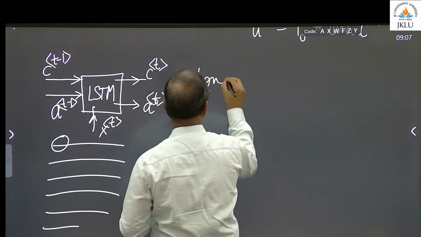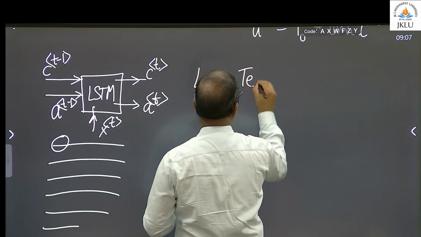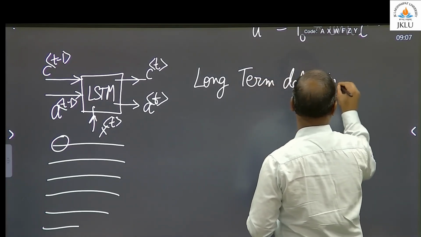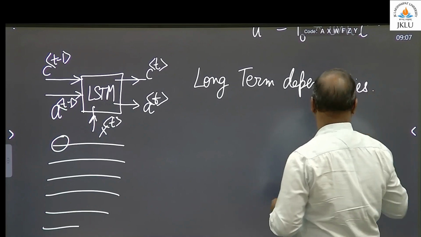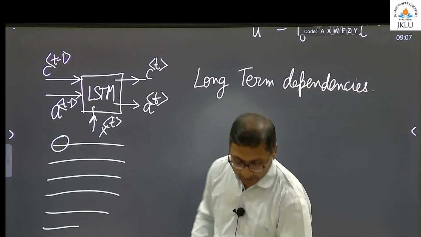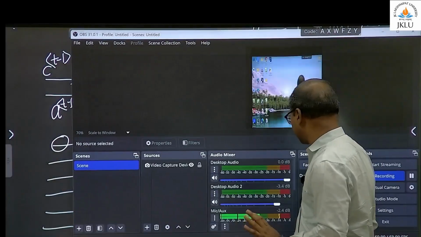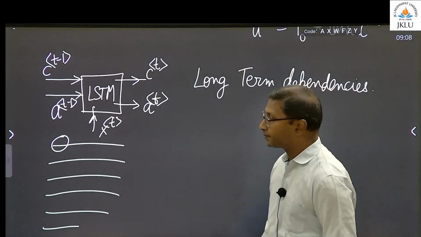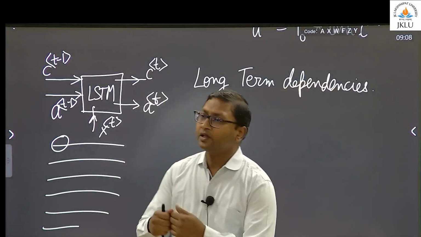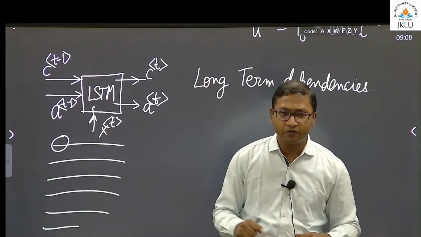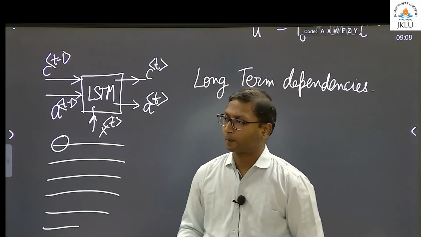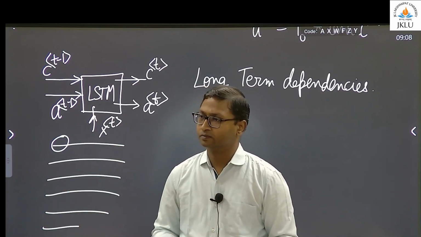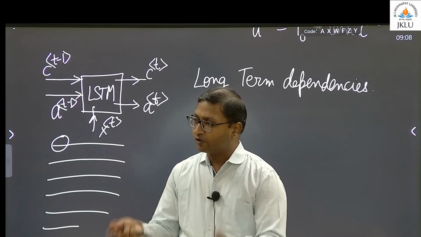So why you need LSTMs is because there are long term dependencies in text. You can't really escape long term dependencies in text, and in fact in other places too. For example, if you have rainfall data for the last 100 years, every day, will it follow some pattern?